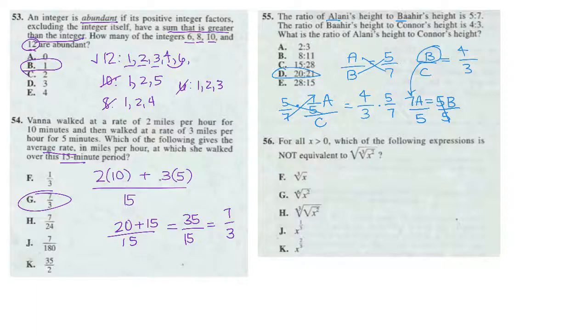Okay, so 56 is going to be working with our exponent rules, so which is not equivalent to all of that. Now, a side note here, the square root of x, that's really x to the 1/2 power. If you wanted the cube root of x, that's really x to the 1/3. And if you raise an exponent to an exponent, you are going to multiply those.